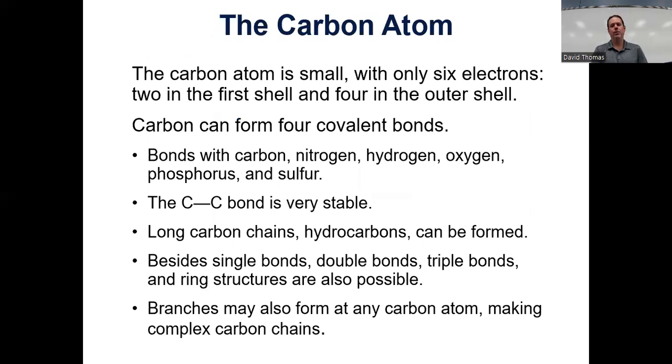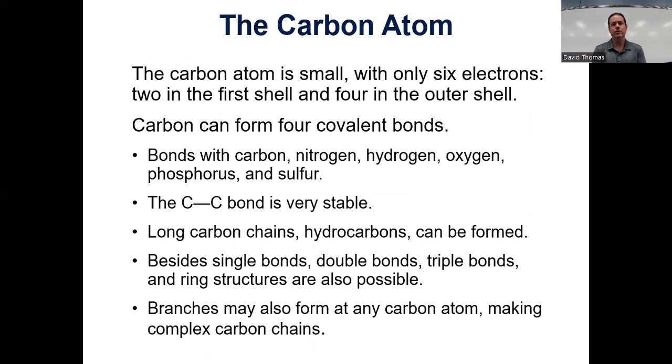So what's so special about organic molecules that makes them so important for living organisms? Part of it is a few chemical properties associated with carbon itself. It's a relatively small atom. The atomic number is 6, so it has 6 protons and 6 electrons.